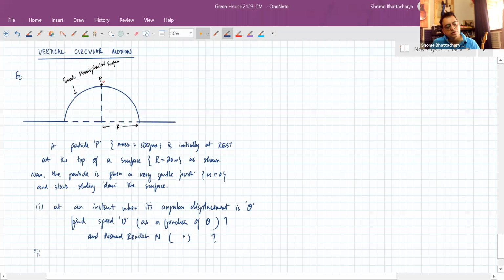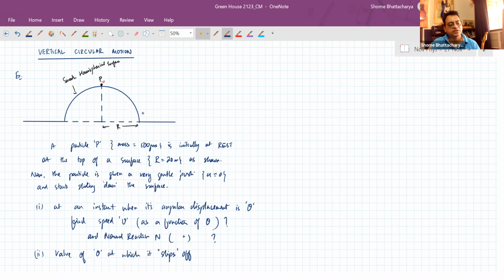And we will also find out the value of theta at which it slips off. You'll understand intuitively that the particle will not come all the way down in circular path. Instead, it will slip off the surface, lose contact with the surface, and go into a projectile motion at some stage. We want to find the value of theta at which that happens. It slips off the surface. That is, it loses contact.